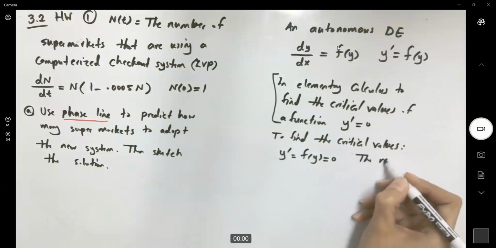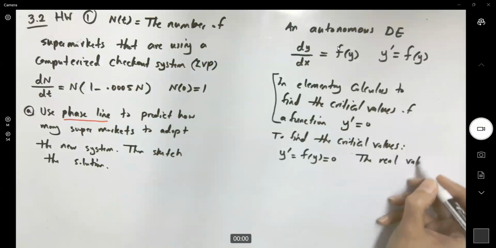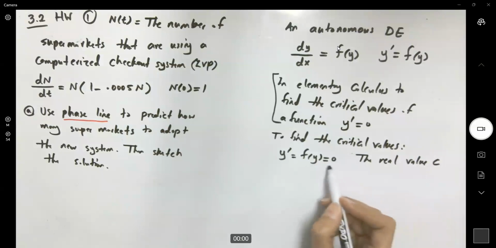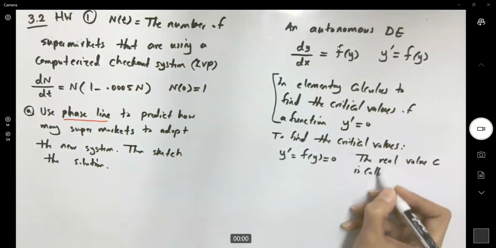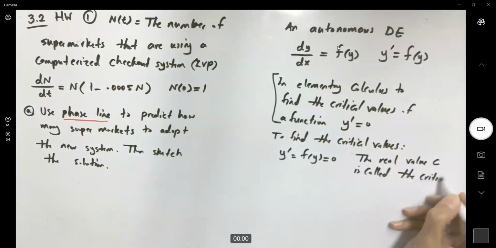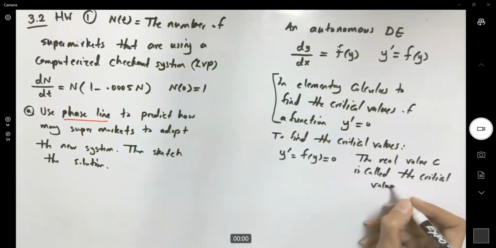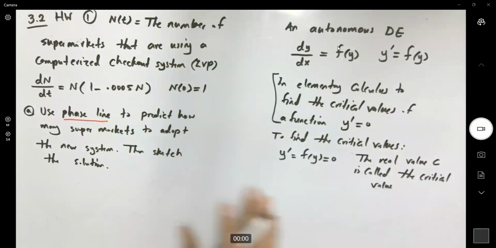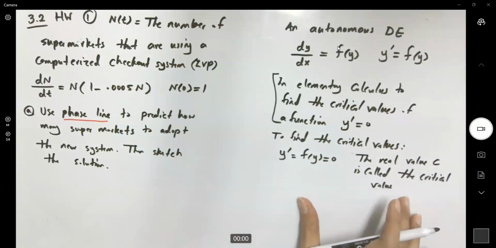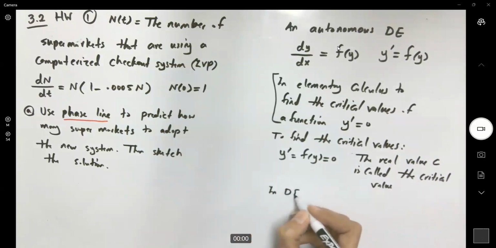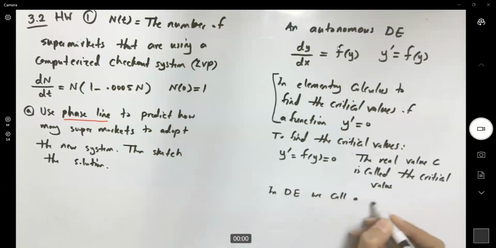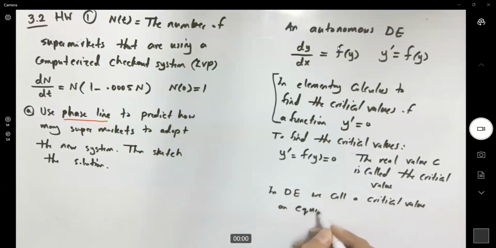The real value, like C, that satisfies this equation is called the critical value, or in differential equation terminology, we call it an equilibrium or stationary point.